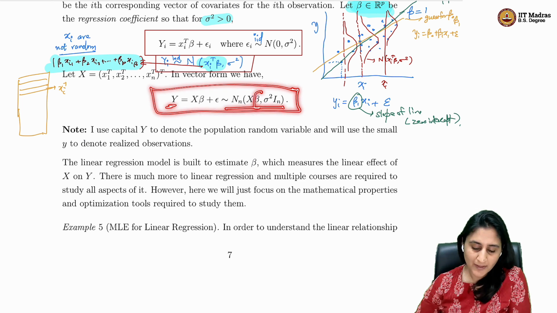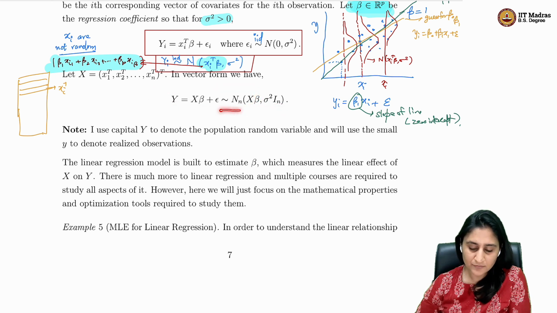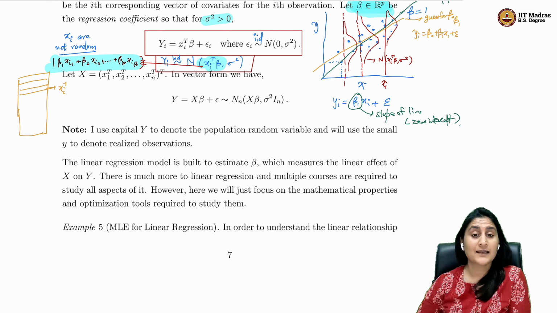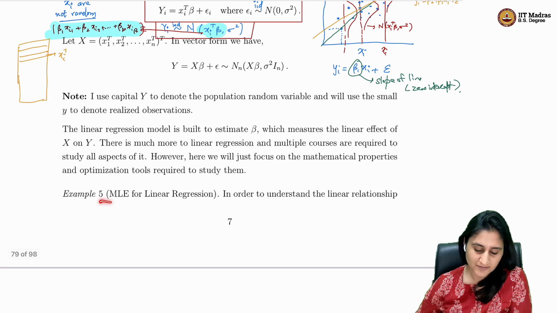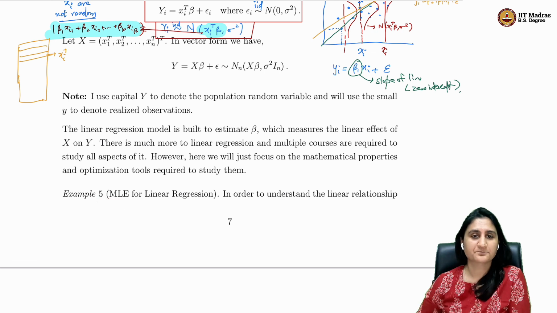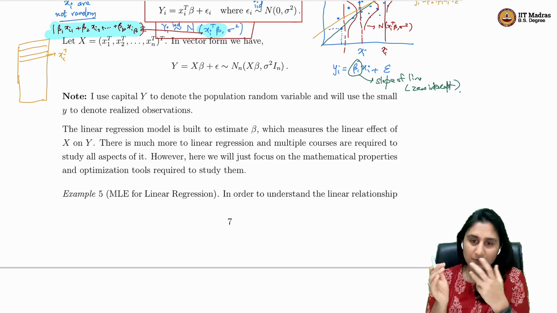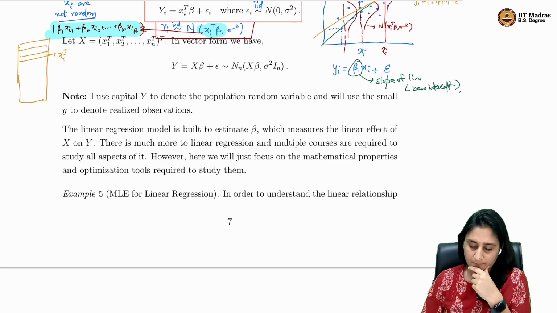So if I want to estimate beta, I can actually write down the likelihood function of beta from this distribution. Either from this or from this, I can write down the likelihood function. And that means I can do maximum likelihood estimation for linear regression. That's really what we're going to do. So our focus is on maximum likelihood estimation, and that's what we're going to keep focusing on. Okay.